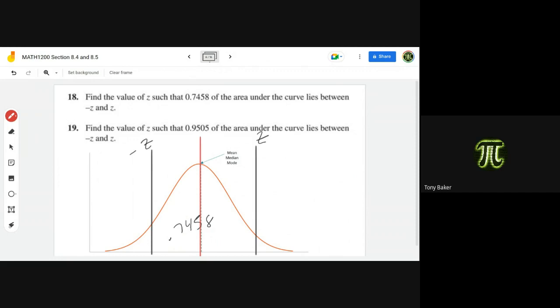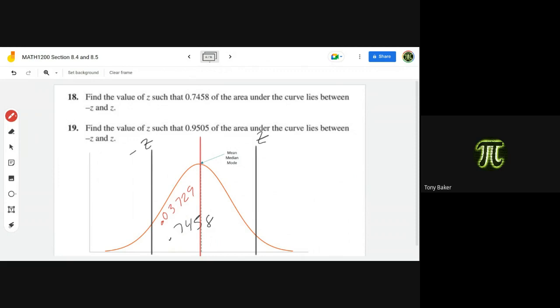What's half of 0.7458? 0.3729. So on this side is 0.3729. Yes, exactly. That is actually the exact thing. So I'm going to take that number.